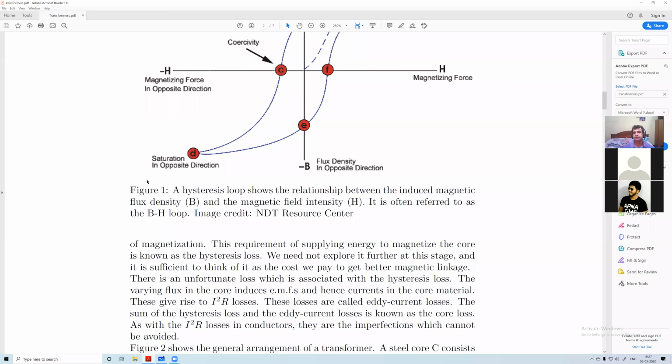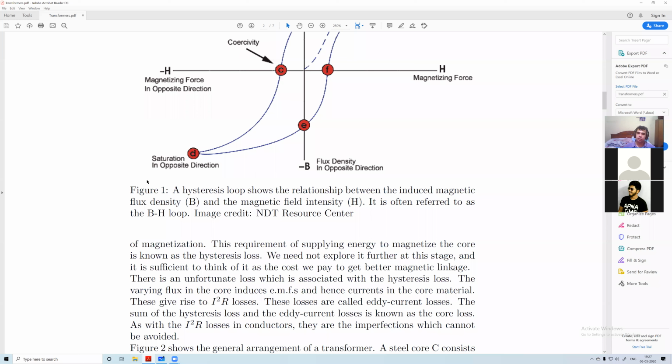When there is a change of flux, small loops of current are generated, and they create heat. In order to prevent this eddy current, sometimes the core is perforated. Instead of a continuous core, there are several layers, so that current loops are not formed.